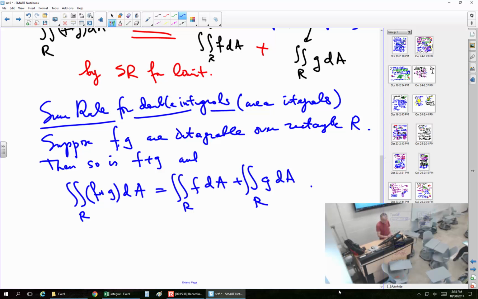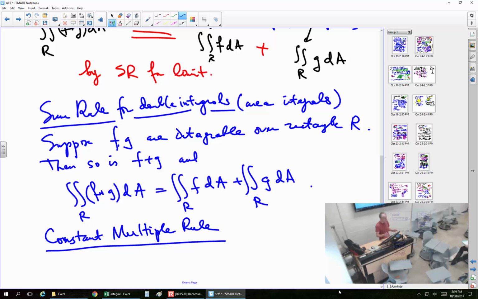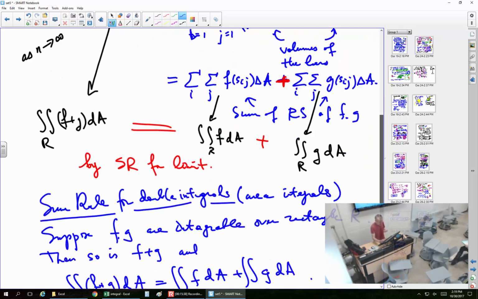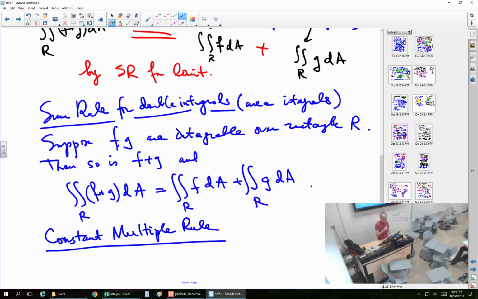Without stopping, let's do the constant multiple rule. Which works out exactly the same way, multiplying the Riemann sum by a constant. What does it do? Not much. You can factor it out with no trouble and no need to prove anything. But then when you transition to integrals, that's where the constant multiple rule for limits comes into play. Okay, so same setup.